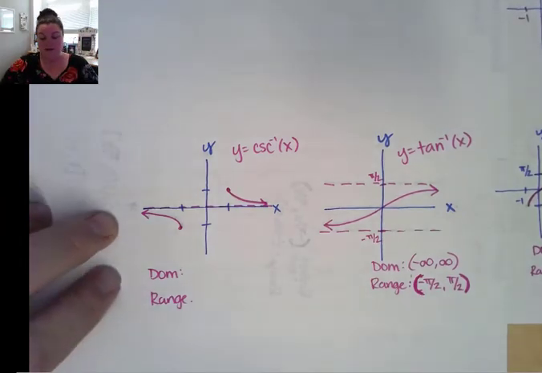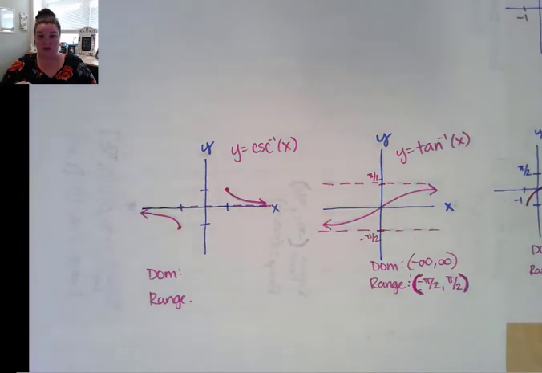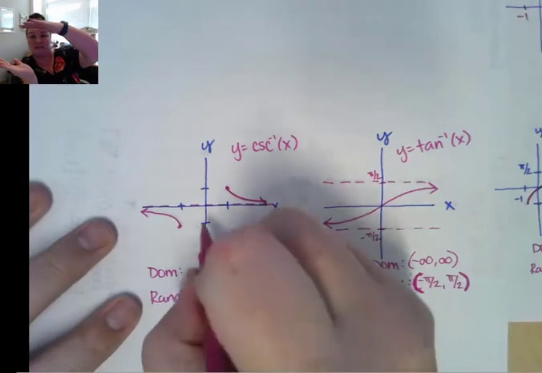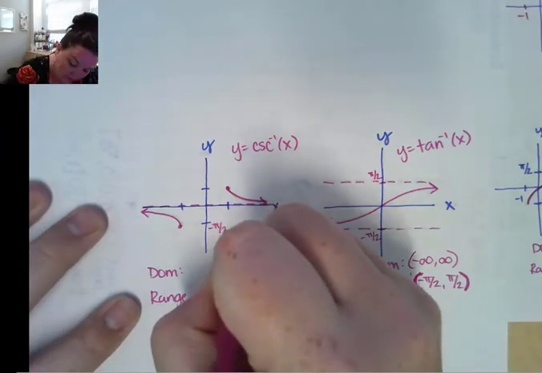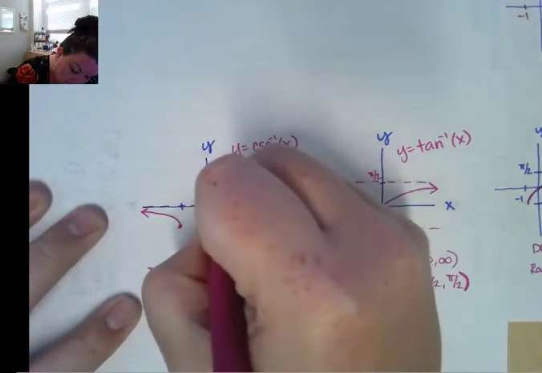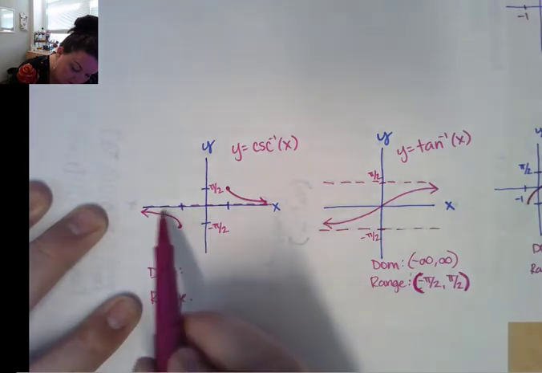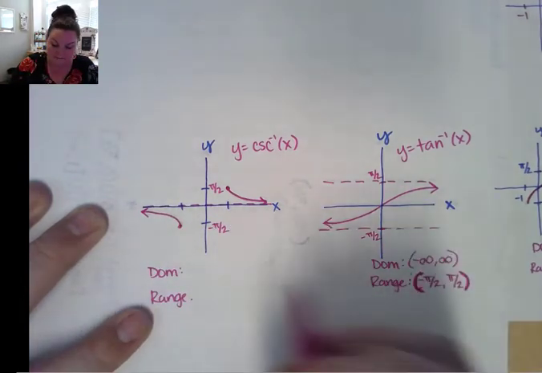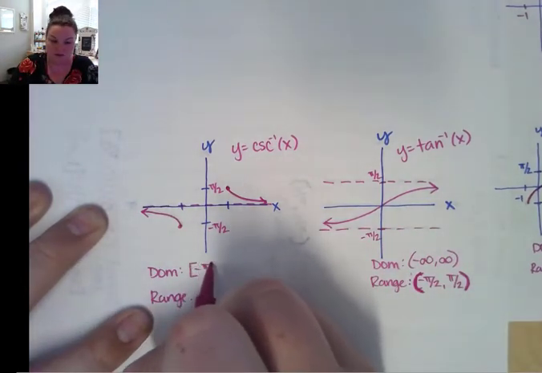Okay. So remember, our domain originally started from negative pi over 2 to pi over 2, and we took out that asymptote in the middle. That was my domain. So now that's going to be my range. I'm going from negative pi over 2 up to pi over 2, minus this asymptote in the middle.